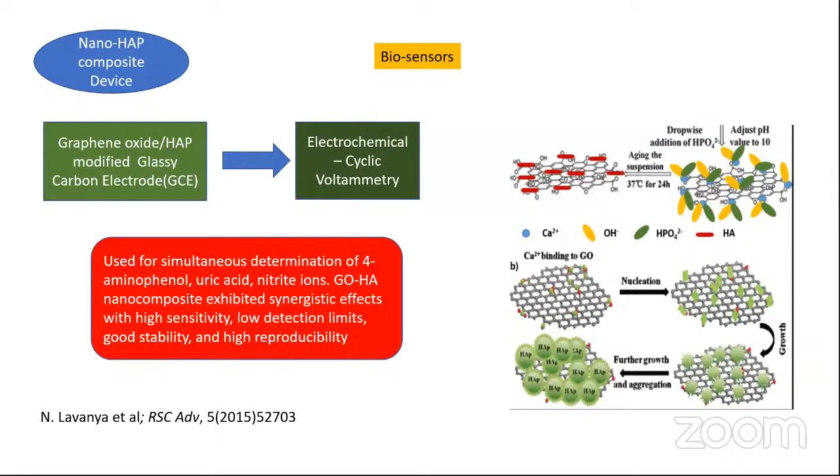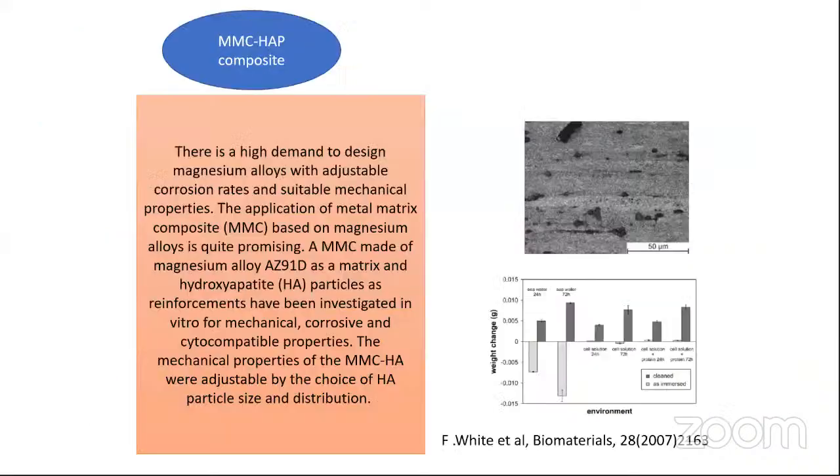So all these chemical components can be detected by this particularly modified glassy carbon electrode. And Lavanya and associates used cyclic voltammetry for the detection of uric acid, nitrate, and other components using it as a biosensor.